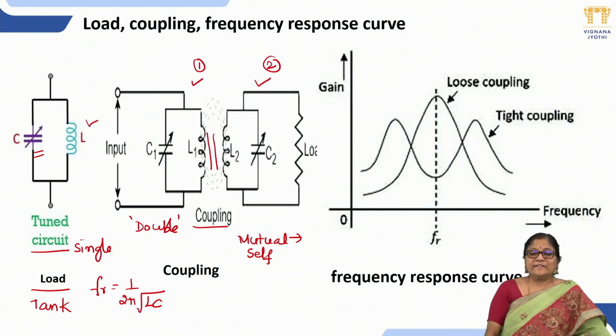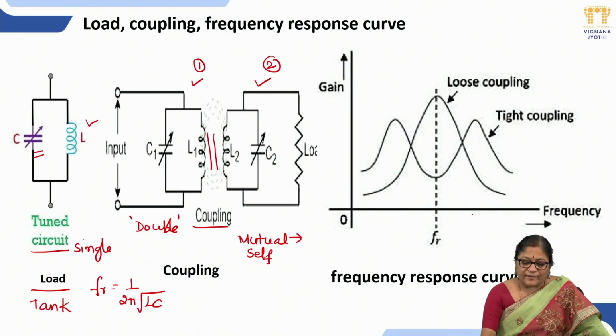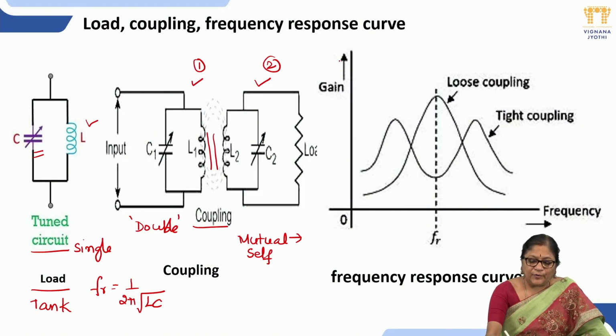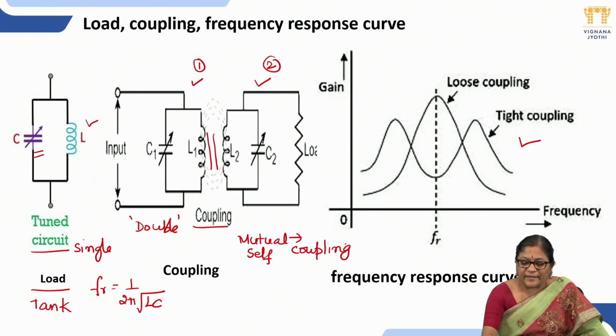Okay, and the frequency response curve. If you draw the plot of output frequency versus gain, you can see in the double tuned circuit, for the coupling I have already told, the mutual coupling will decide the frequency response. If the coupling is loose or if the coupling is tight, based on the value of M, we can have response curves like this.